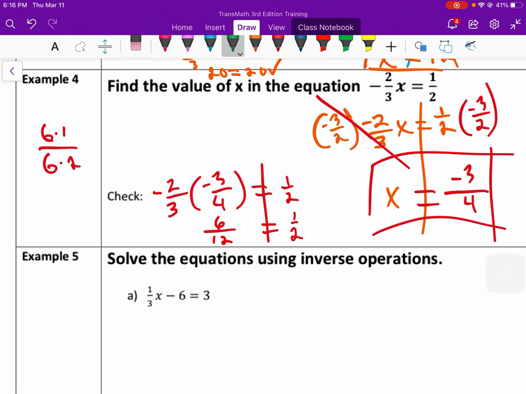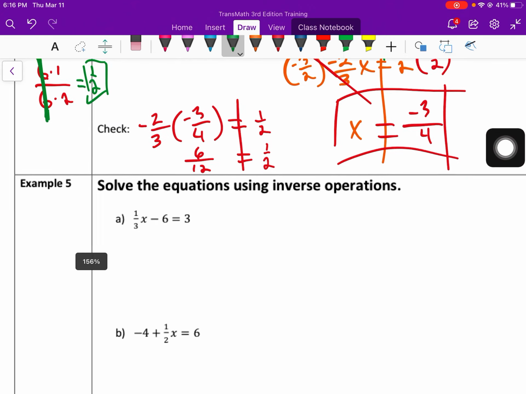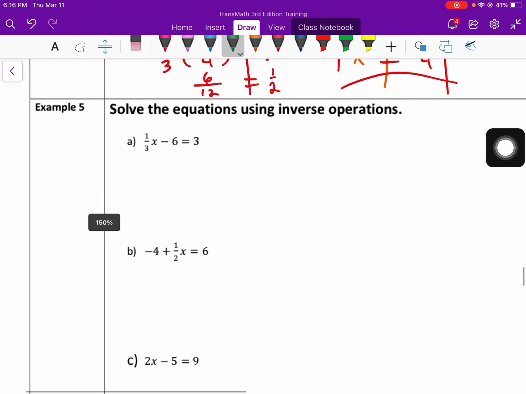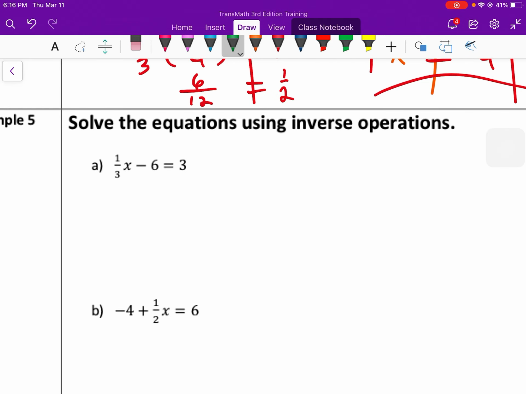And so now, my factor of 6 over 6 simplifies to 1, so that all that's left is 1/2. So there we see that 1/2 equals 1/2, and when we plug in this value for x, the equation is balanced.